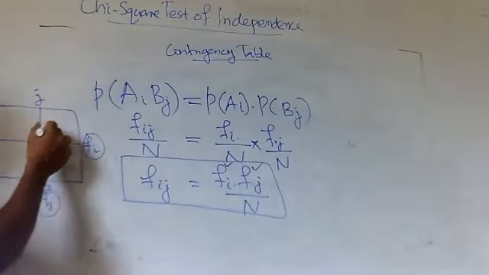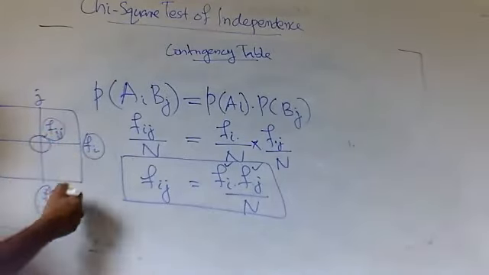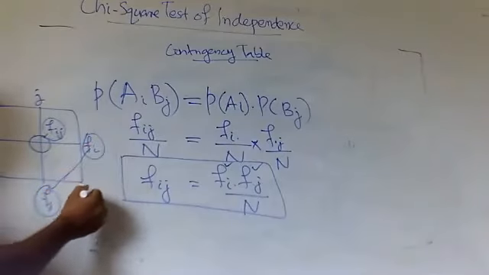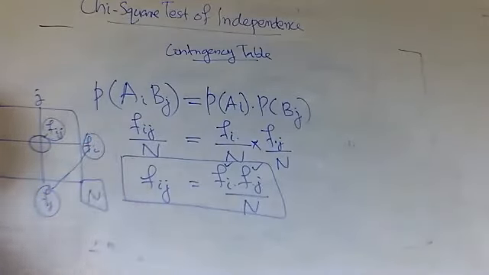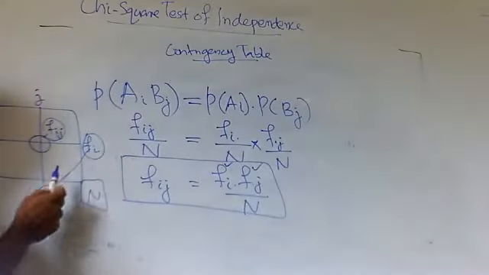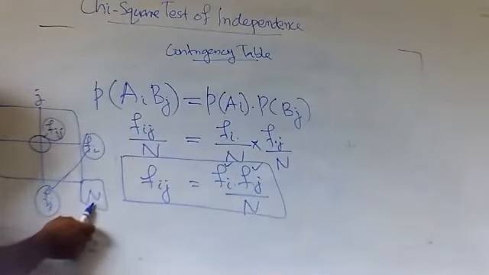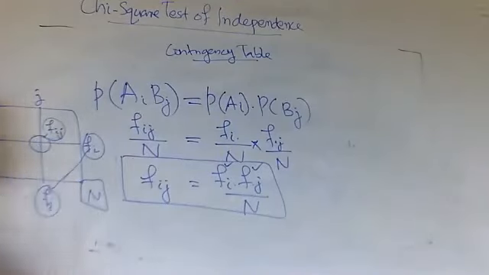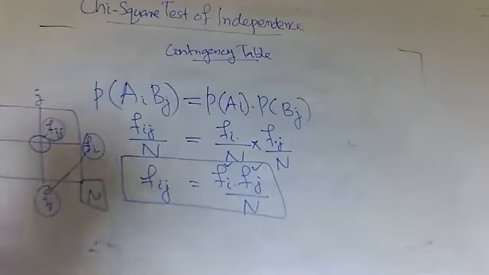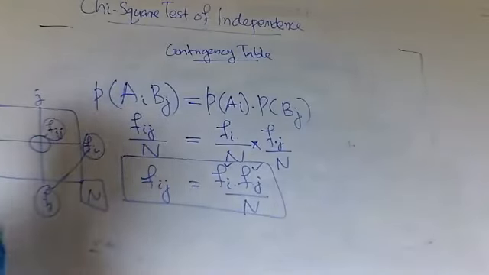Here it is Fij, equal to the product of these divided by the total number. You multiply the row sum by the column sum and divide by the total number, and you get the number of observations in the ijth cell. This result is important for solving the independence of attributes.